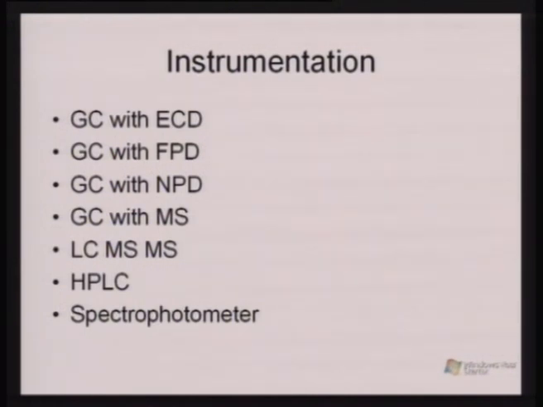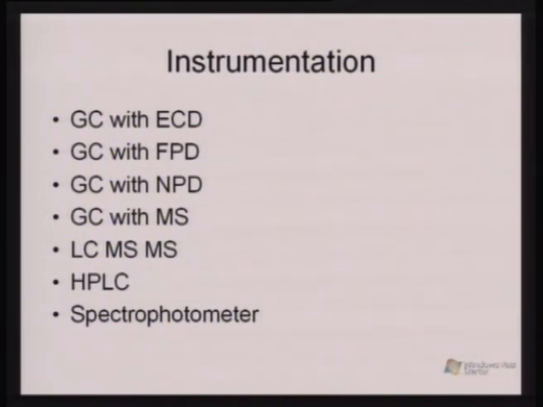GC with ECD. GC means gas chromatography with electron capture detector. This is used to analyze the organochlorine group of pesticides, like DDT, BHC and some other organochlorine pesticides.